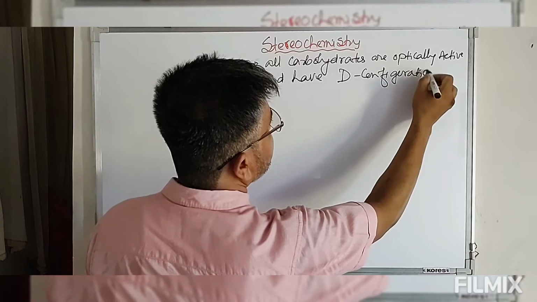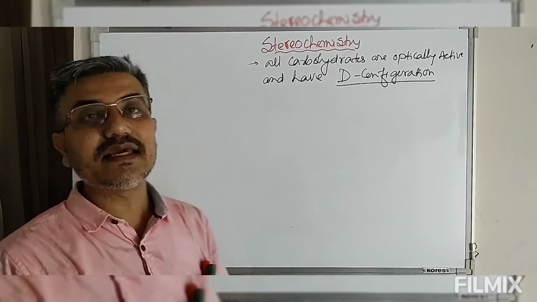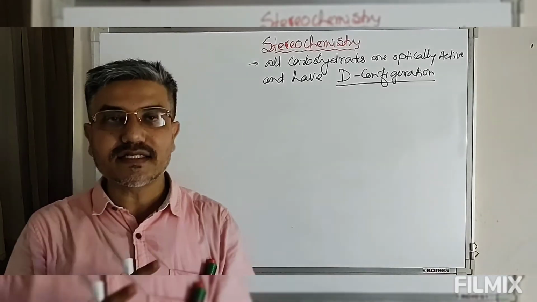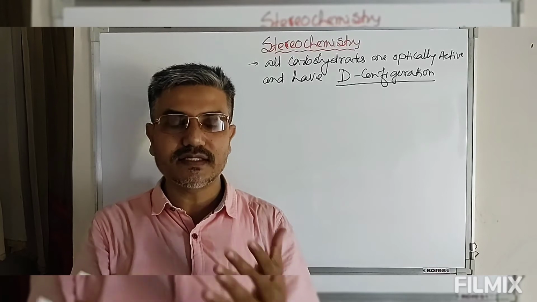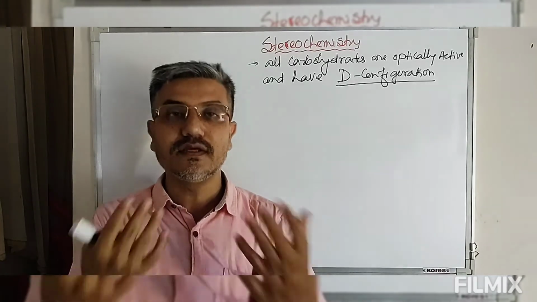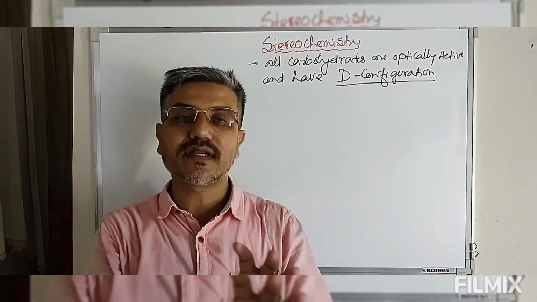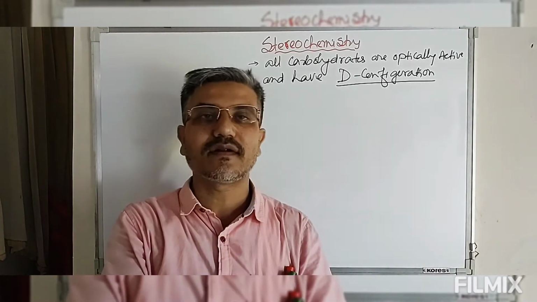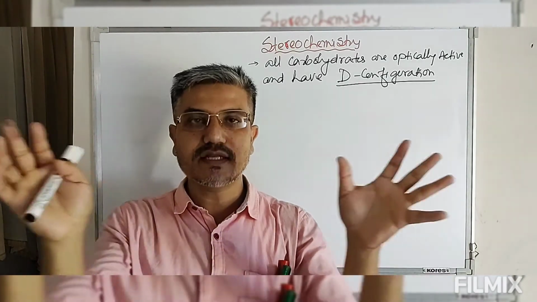Now look at this, capital D has nothing to do with small d and small l. Small d and small l represent the optical property, the dextrorotatory or levorotatory form. That means whether that molecular solution will rotate the plane of plane polarized light in the clockwise or anti-clockwise direction.